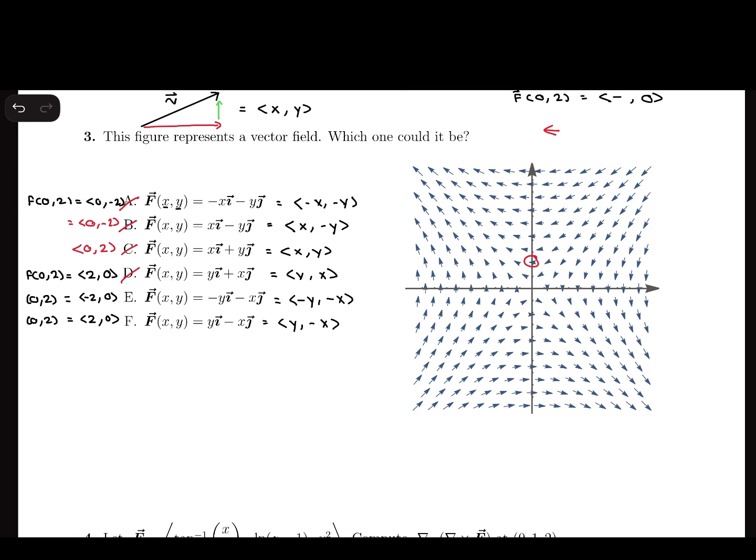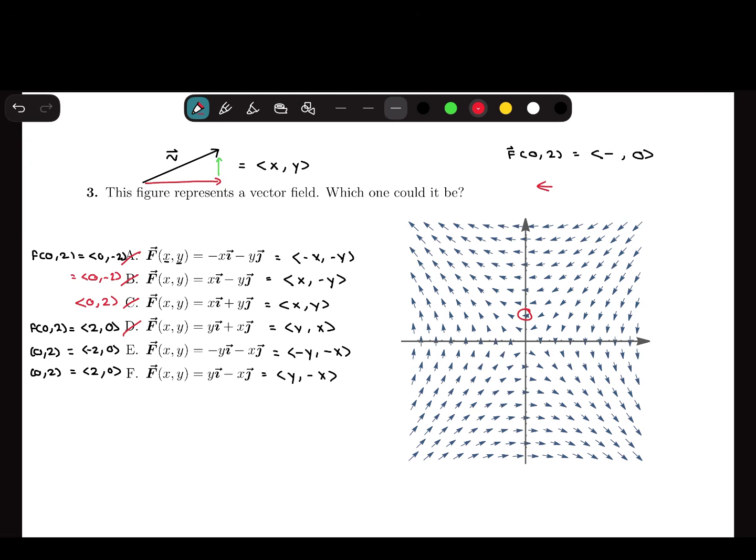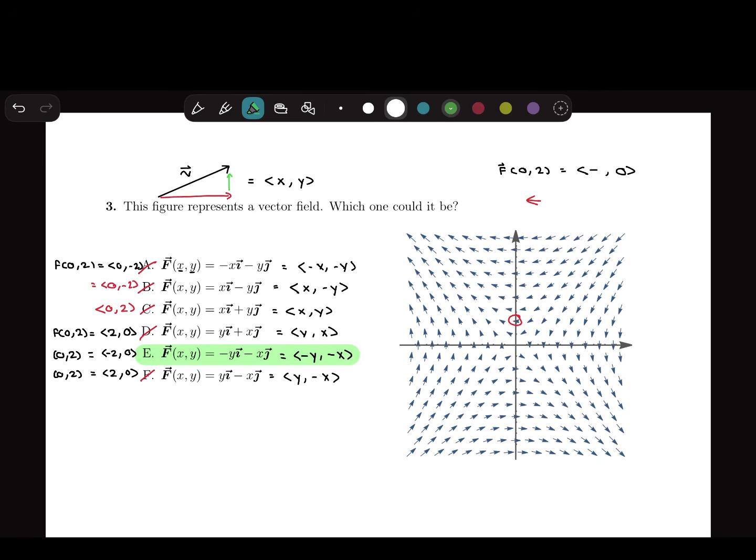Oh, well, that can't be right either, because as I said again, this is a negative x component, which means that F is also not correct. So although we haven't checked every single point, all the other answers are incorrect. So in this case, we can only assume that the correct answer choice is E, which it is. So that is the vector field question number 3.